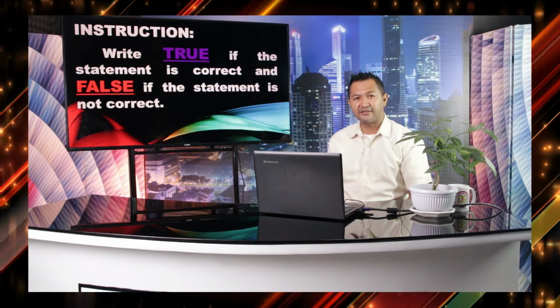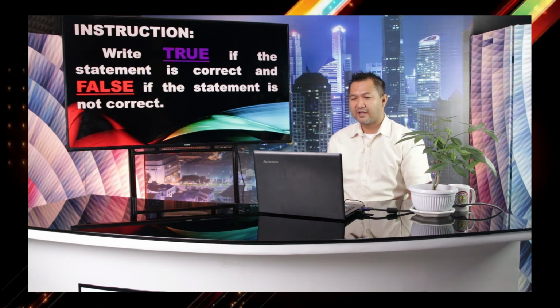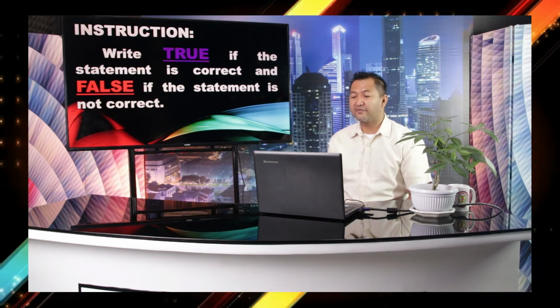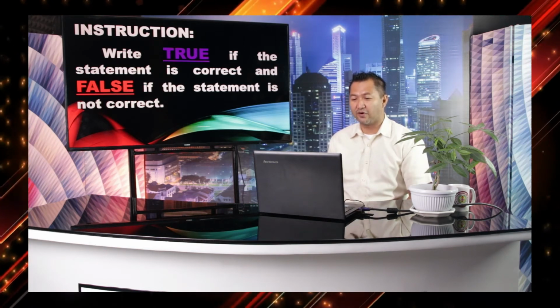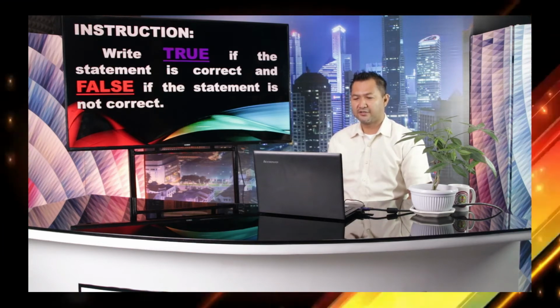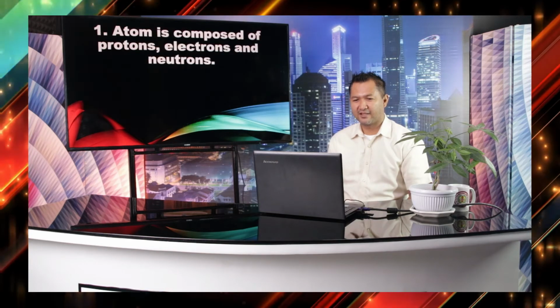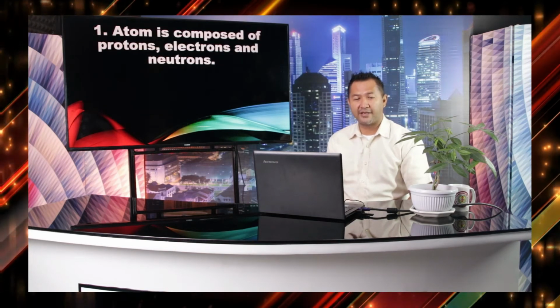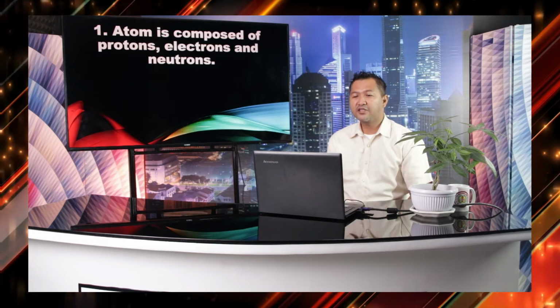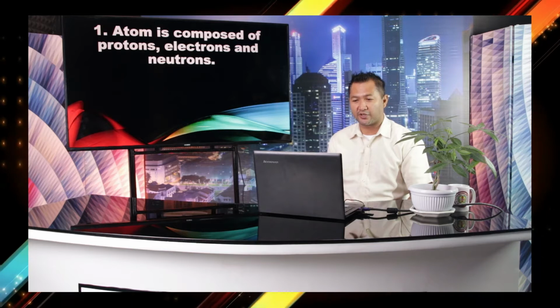Students, are you ready? Good. Again, write true if the statement is correct and false if the statement is not correct. Make sure you answer each question honestly. Let's go to number 1. Atom is composed of protons, electrons, and neutrons.